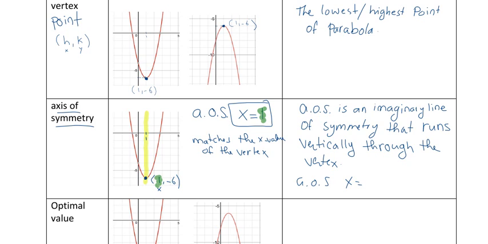So that means the axis of symmetry is x equals h, because it matches the x value of the vertex. Okay? So this is your general form. Are we okay with this so far?